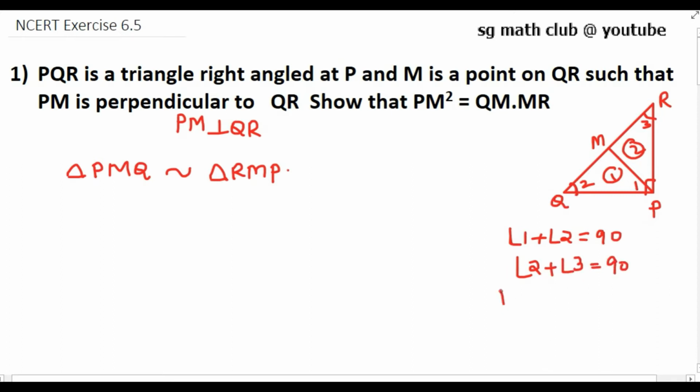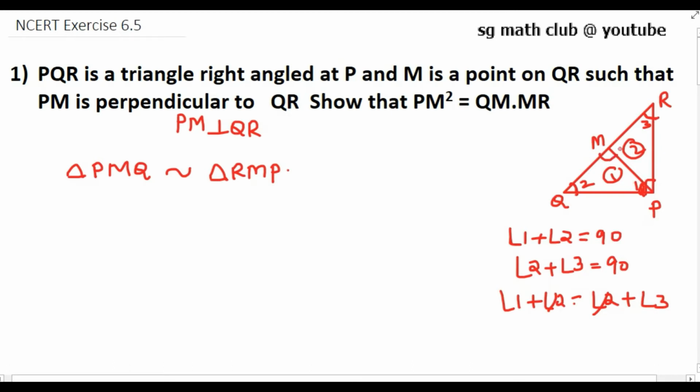If you equate these two, angle 1 plus angle 2 equals angle 2 plus angle 3. So actually angle 1 and angle 3 are equal. Angle 1 of the triangle PMQ and angle 3 of the triangle MRP are both equal. So two angles will be equal.